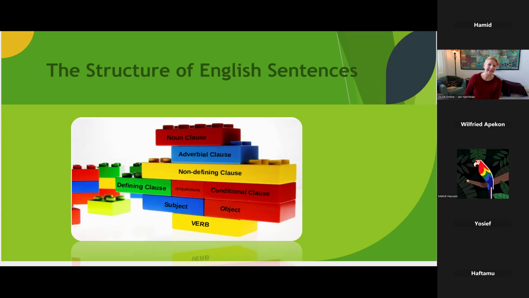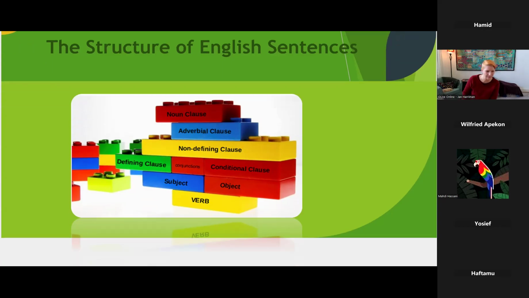So, fortunately, what we can do with English is build it like a bunch of building bricks. There is a reason for this image. This image is not a joke. This is actually how English works. Right. So we start by scrolling the screen in a funny way.